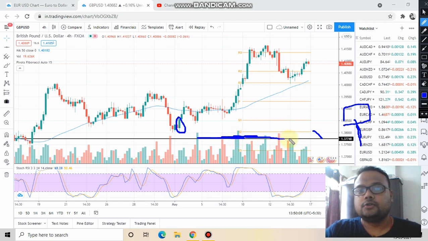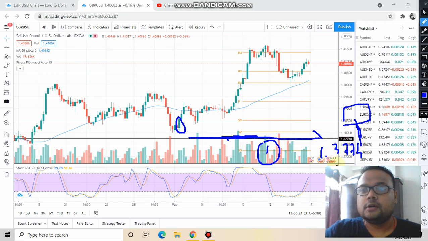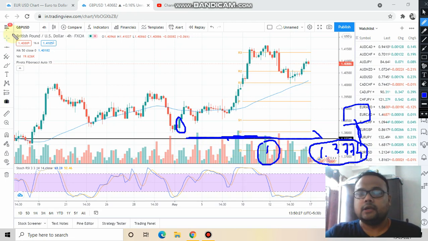This will be your best trading opportunity. This support level, 1.3774, will be your best trading opportunity and the most safe entry in the GBP USD chart.